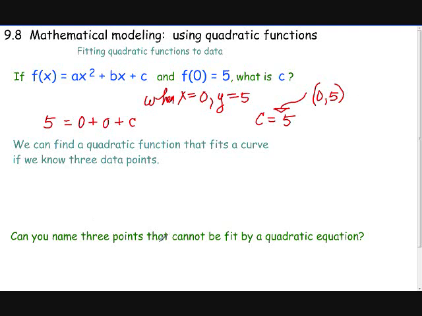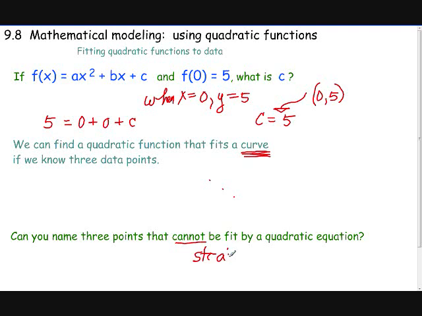Are there 3 points that cannot be fit by a quadratic equation? Ordinarily, we can find a quadratic function to fit any curve if we know 3 data points. That's the key. So if we had 3 points that lay along a perfectly straight line, those cannot. So if they lie on a straight line, what did we call those points?